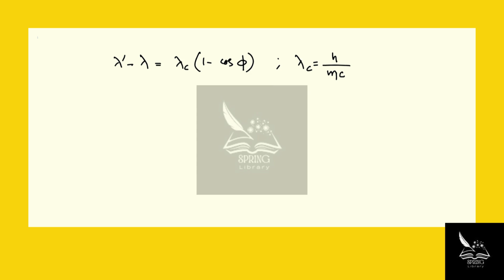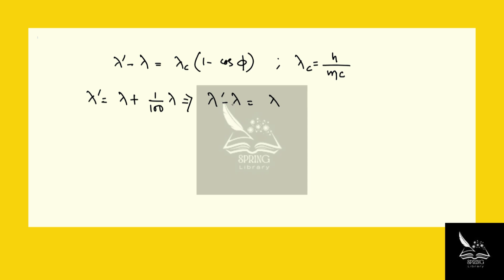Now we are given that lambda dash is equal to lambda plus 1 over 100 times lambda. So this means that lambda dash minus lambda is equal to, so I'm simply substituting this expression of lambda dash in the above equation of the Compton effect.